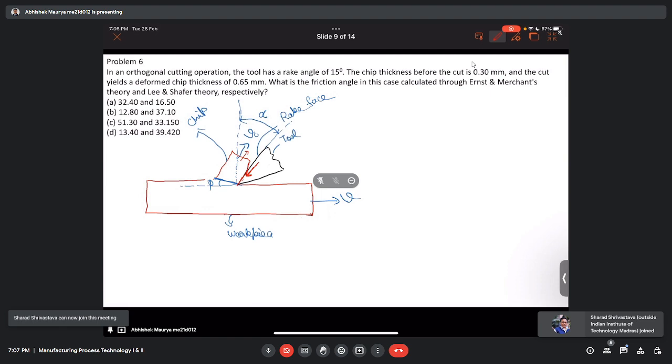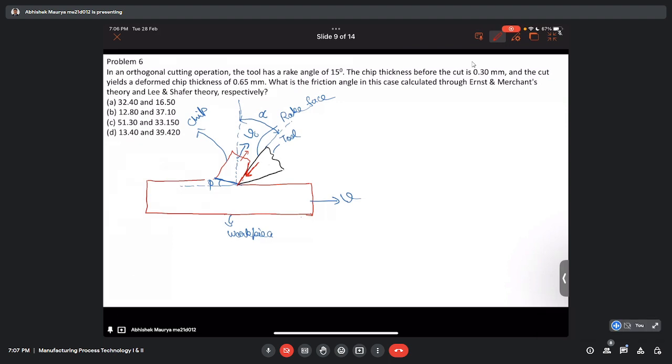What other force can we observe? Another force is that if you see this point here, the rake face of the tool is applying a normal force on the chip in this direction. So I am representing the same vector here.